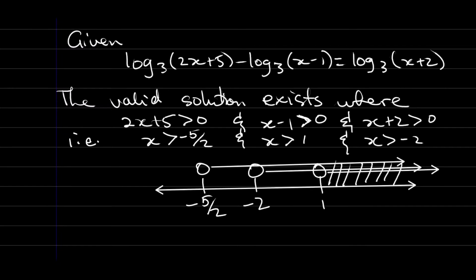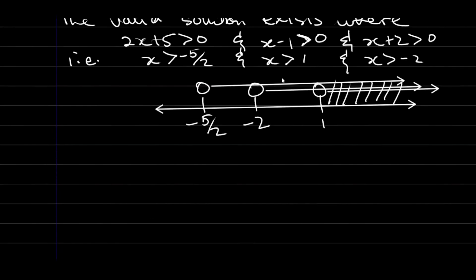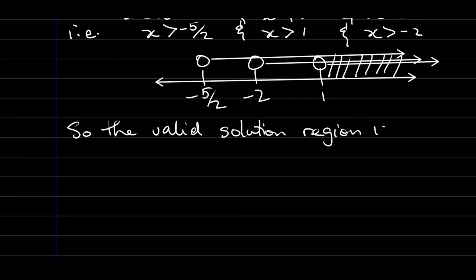Okay, so let's look at that here now. So the valid solution region is x greater than 1. Right, so that is x greater than 1.